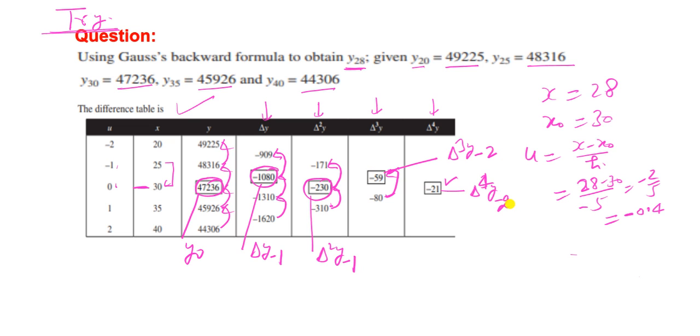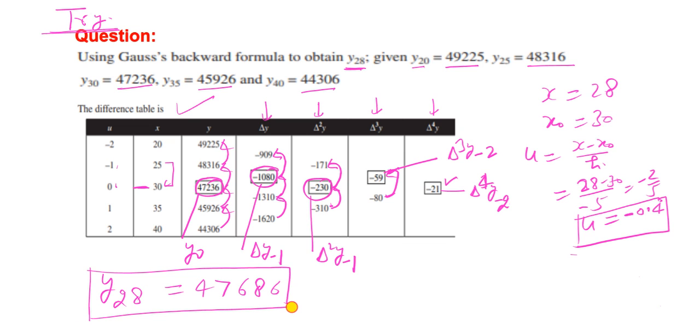Using the Gauss backward interpolation formula, substitute u equal to minus 0.4 and the table values, and after simplification we obtain y at x equal to 28 as 47,686. So this is the procedure to apply the Gauss forward and Gauss backward interpolation formulas. Thank you very much.